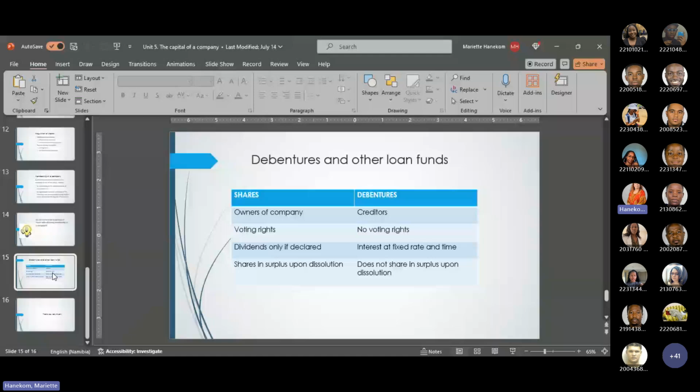A debenture is merely a fancy company law term for an IOU. You lend money to the company, they issue a debenture to you, which will state how much interest you're going to get, and basically how much interest you will earn on your debenture.